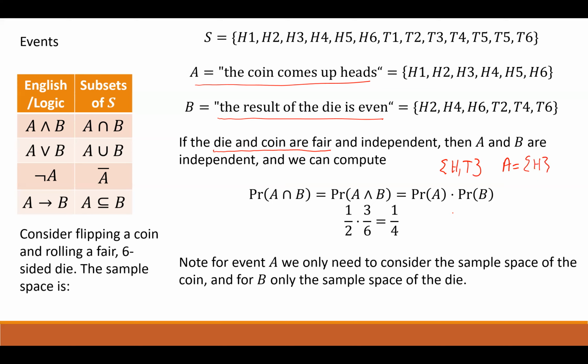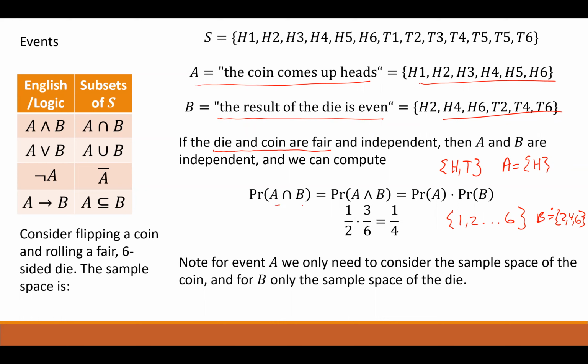If I look at the roll of the die, that is 1, 2, up to 6, and B, the result of the die is even, is simply 2, 4, or 6. So I don't have to count these entire sample spaces. I can just take little mini sample spaces because these are independent events.